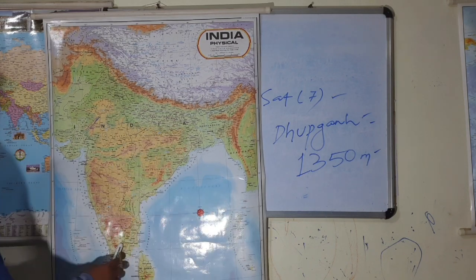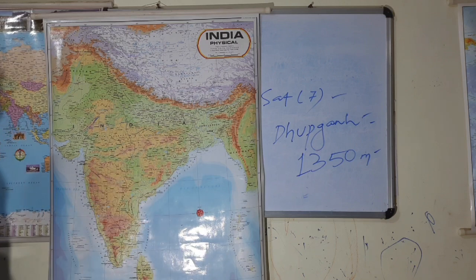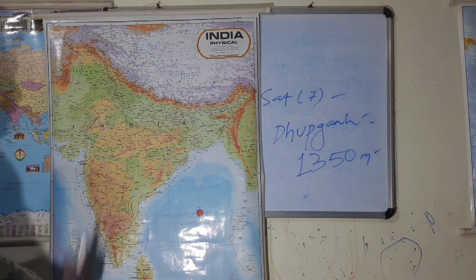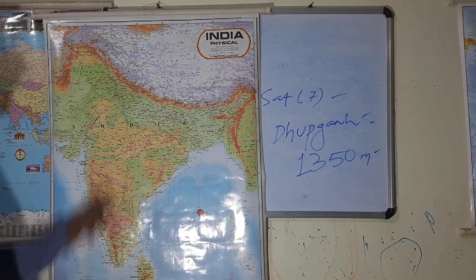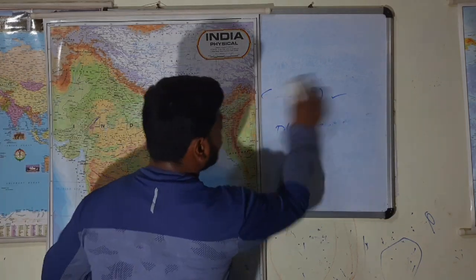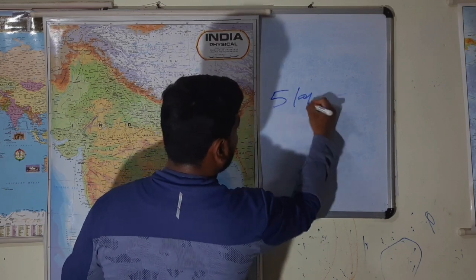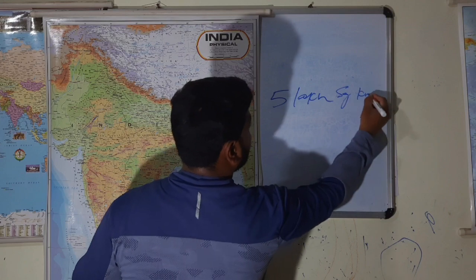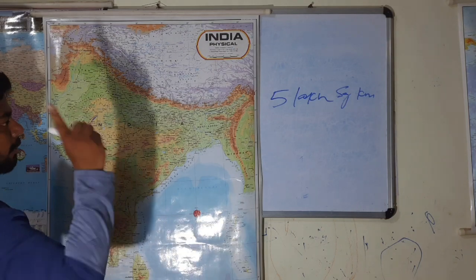Within the peninsular plateaus, the largest physiographic division is the Deccan plateaus, with a size of around 5 lakh square kilometers.